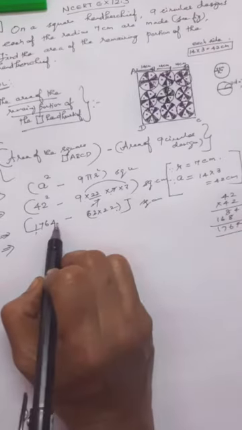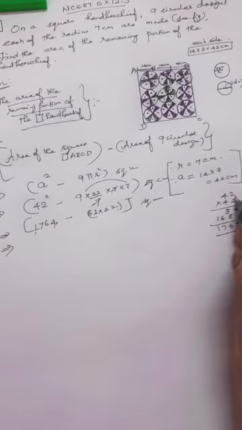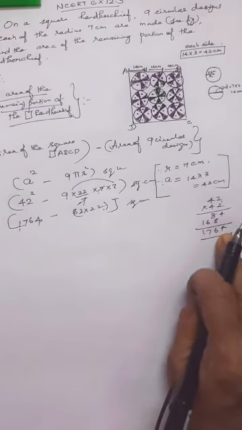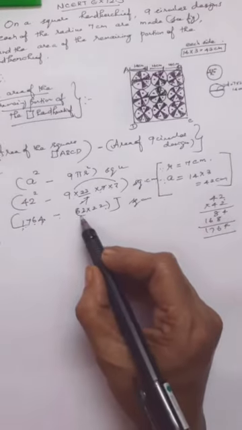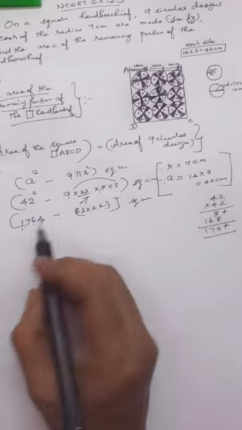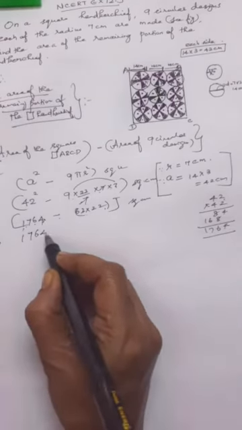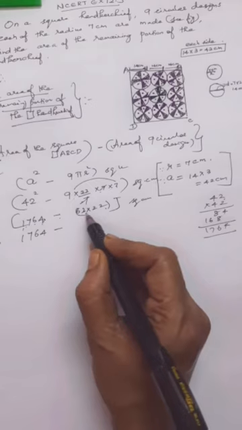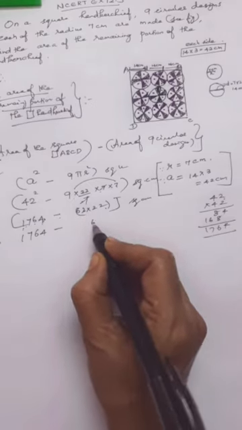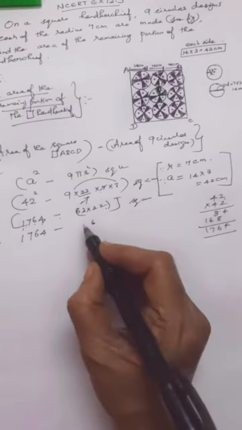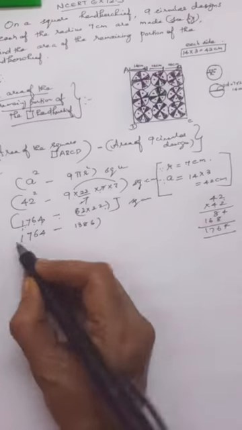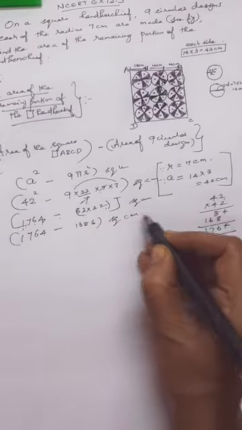42 squared is 1764. If you don't know, you can multiply like this and find the product. So 1764 minus 63 into 22 square centimeter. 22 threes are 66, 6 carry, 6 22s are 132, 132 plus 6, 138, so 1386 square centimeter.